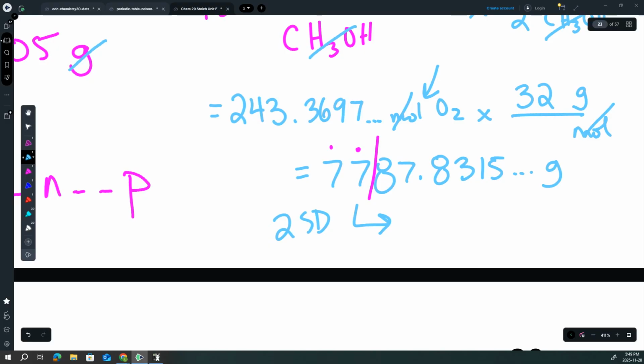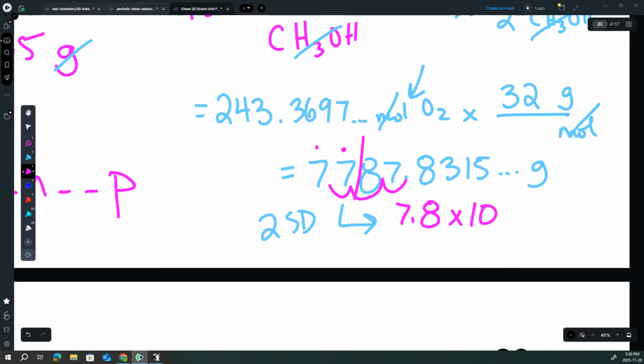The goal of scientific notation is to only have one non-zero digit in front of the decimal. So I'm going to move my decimal to make that happen. 1, 2, 3. So I got 7 point, and then I'm going to round up that 7 that's in front of the cutoff line.